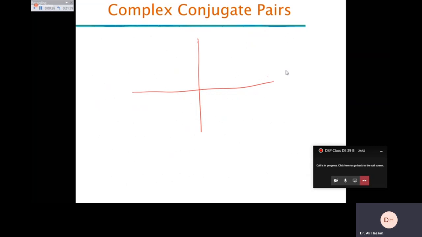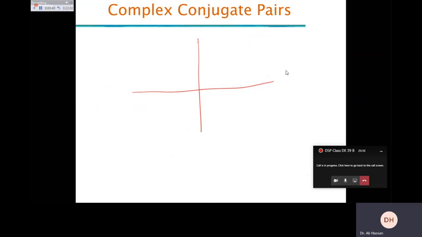So if it is a 10th order difference equation, all the coefficients are real. So once you try to find out their roots, the roots will not be all real, okay? Usually, in most of the cases, the roots will be in complex conjugate pairs.